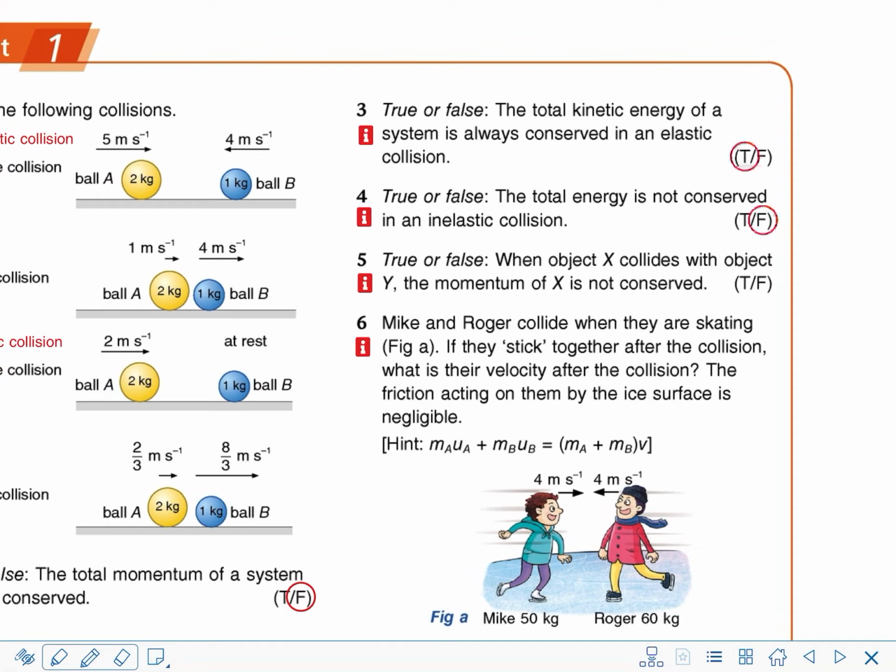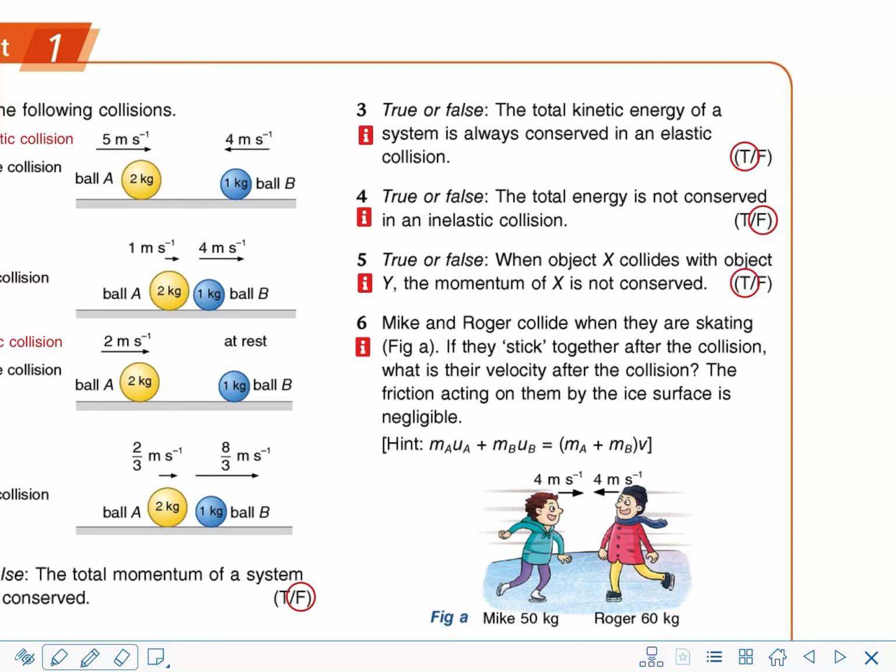Total KE is not conserved in elastic collision? Yes, because there is a loss in KE. When object X collides with object Y, total momentum of X is not conserved, yes, because there is a change in velocity. As we know, momentum is the product of mass and velocity.